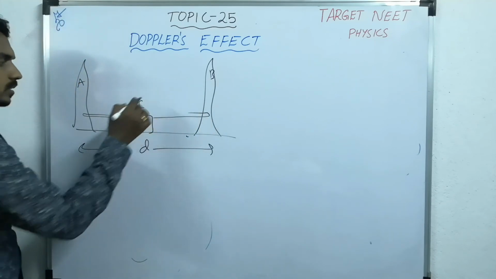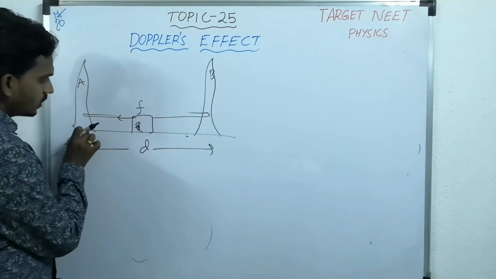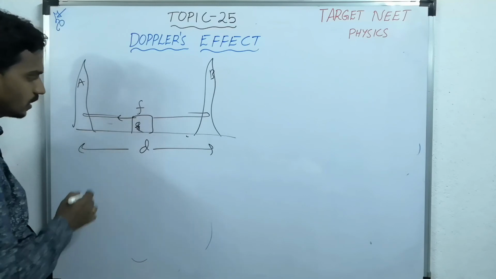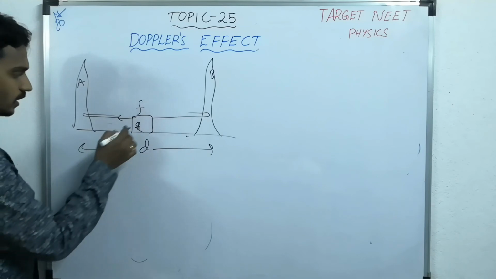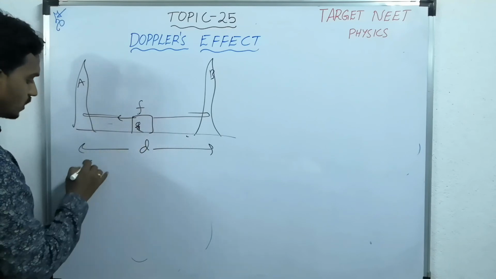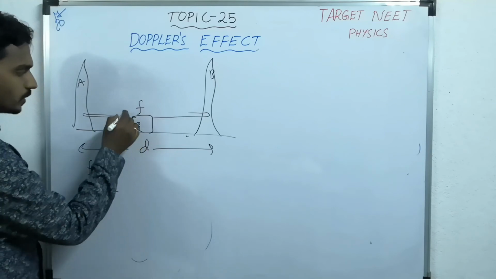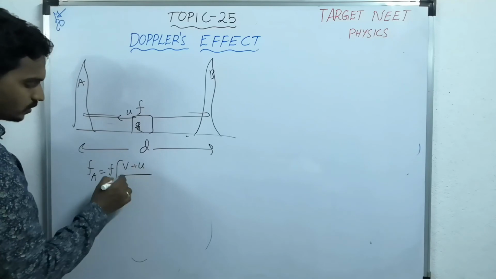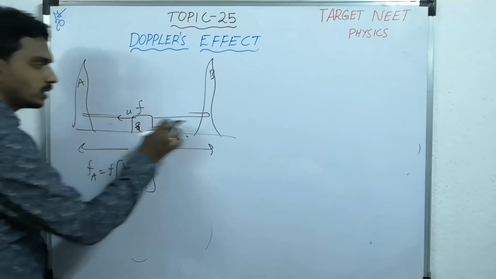The original frequency you consider F. If you consider this case, a stationary object and the source is approaching, then what is the case? I said, observer and source approaching each other. Then the frequency received from A will become F into, the speed you consider U, V plus U by V minus U. Now this case is different.